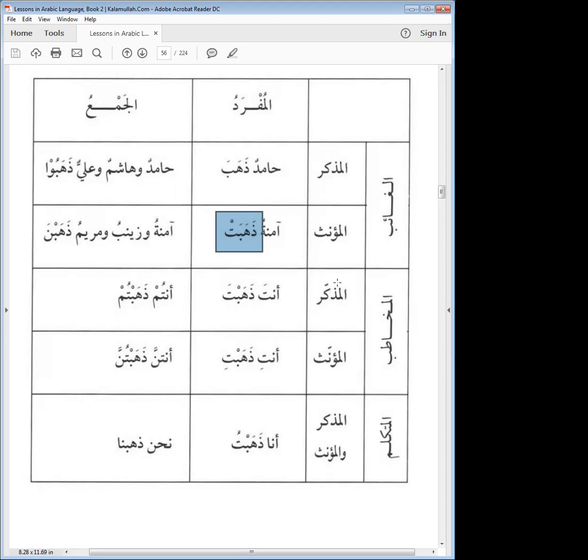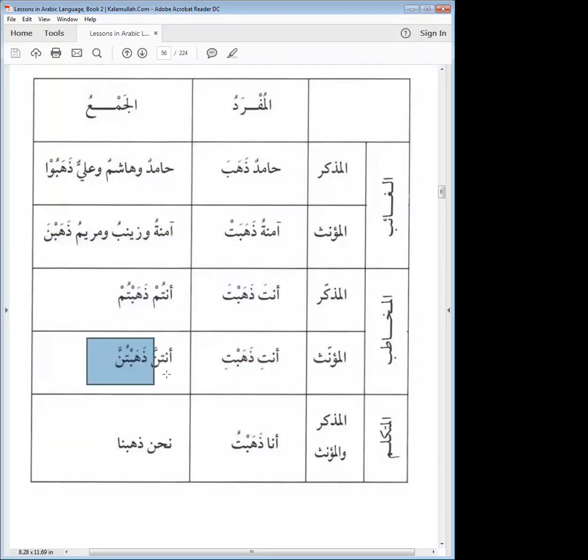So from the time we see the ta, we know that is third person feminine singular. Again, if it's plural, Aminatu wa Zainabu wa Mariamu, we would see the na, the noon fatha at the end. Similarly, for the second person, anta dhahabta, anti dhahabti, antum dhahabtum, antunna dhahabtunna.